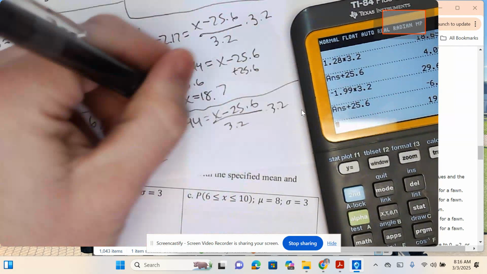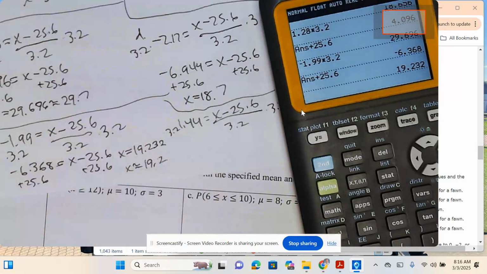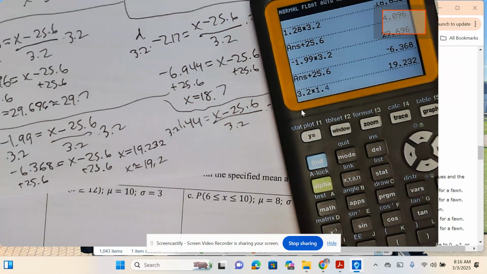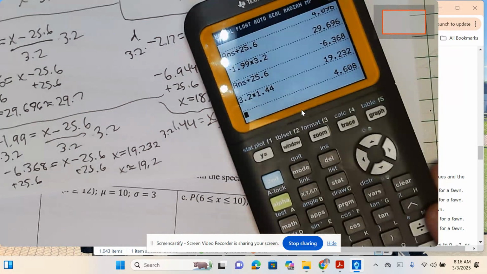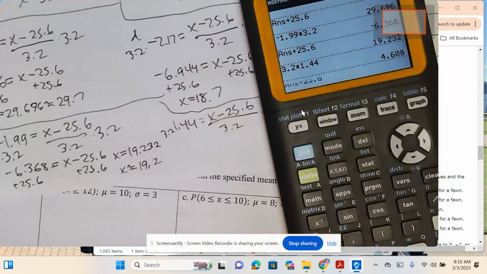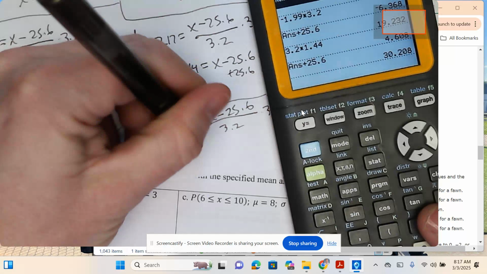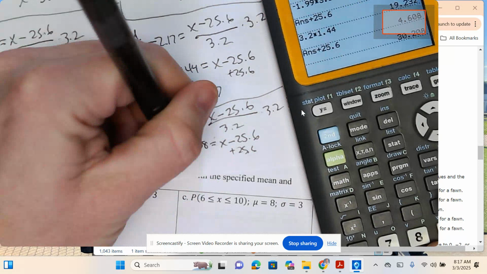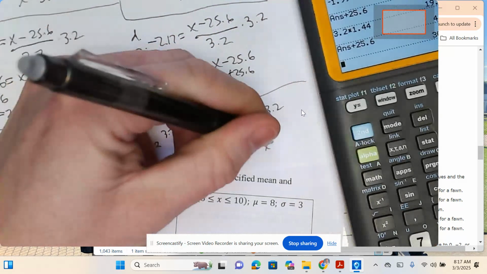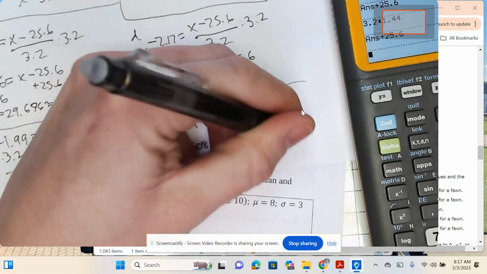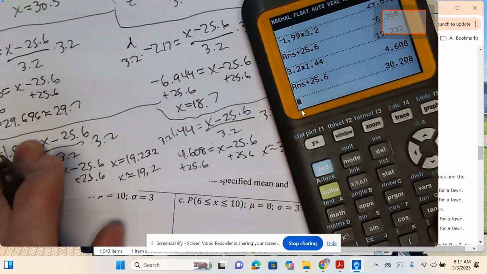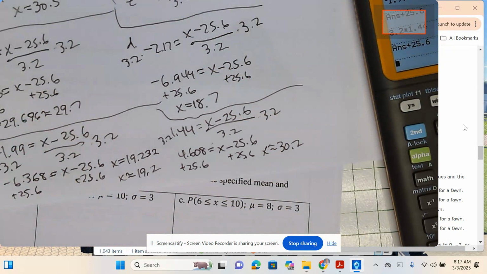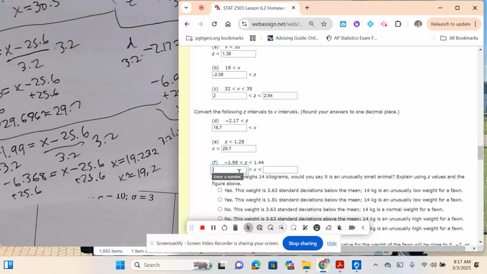I know this is getting tedious here. 3.2 times 1.44, 4.608 equals X minus 25.6. We add 25.6. We're using a little algebra today. 30.2. Okay, 19.2 to 30.2.